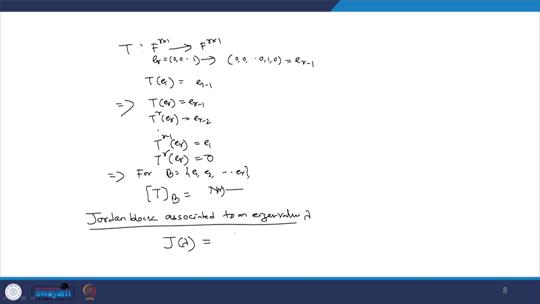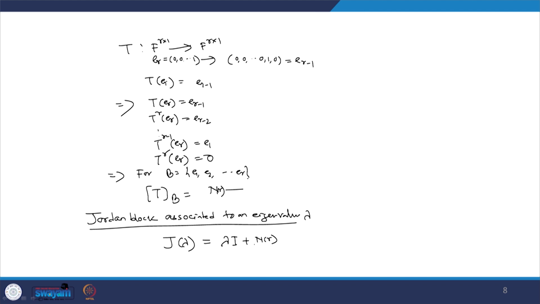Again it is a square matrix of order r cross r, and it is basically lambda times I, where I is an r cross r identity matrix, plus N_r. N_r is the Jordan nilpotent block matrix of index r.